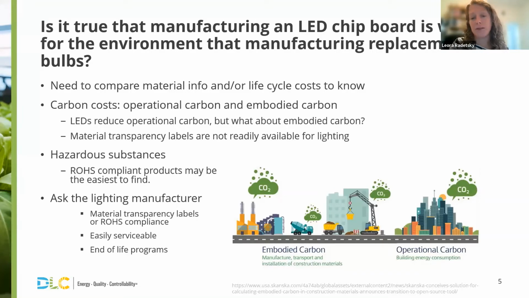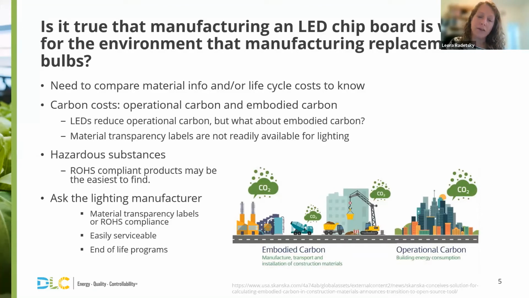The embodied carbon is a little bit harder. There's a lot of efforts underway, starting in the European Union and slowly making their way over to the US, about how to quantify embodied carbon so that you can make comparisons between products. And so these are typically shown with material transparency labels.